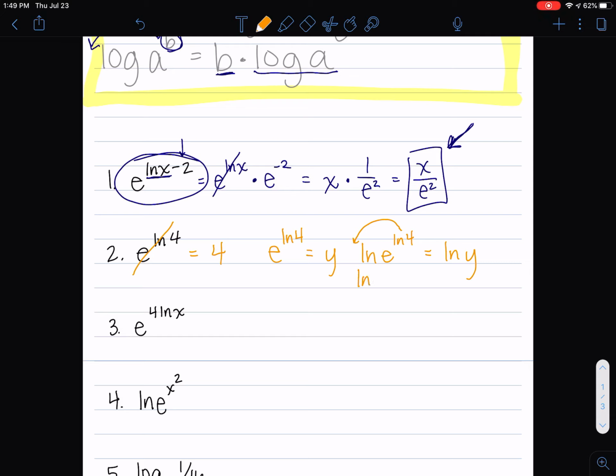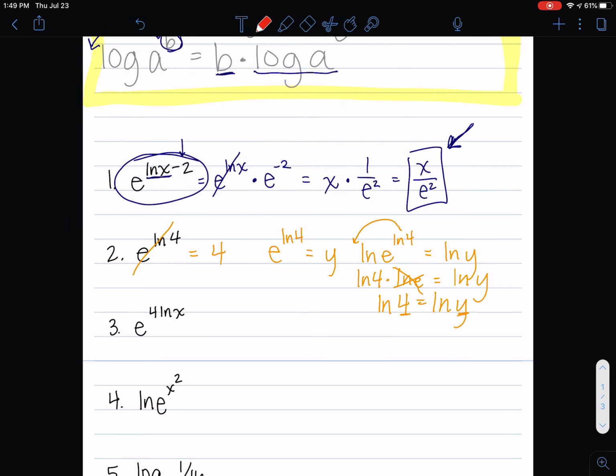So I have ln of 4 times the ln of e equals ln of y, right? What's ln of e? It's 1. That's one of our identities we have to know. So if I have ln of 4 equals ln of y, y has to be equal to 4. So that's just a little bit of a proof there as to why you can just cancel out those and get just 4 there. Okay?